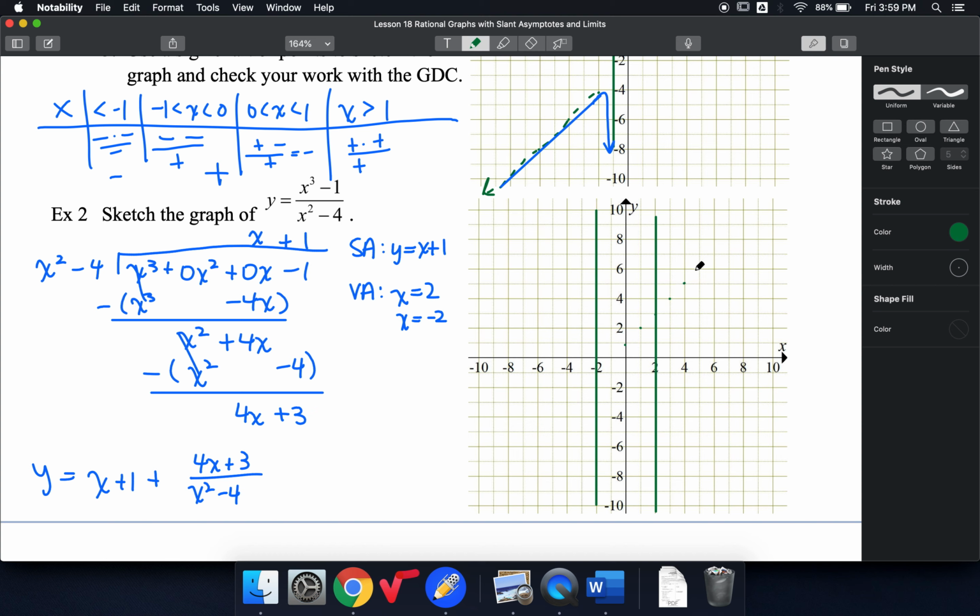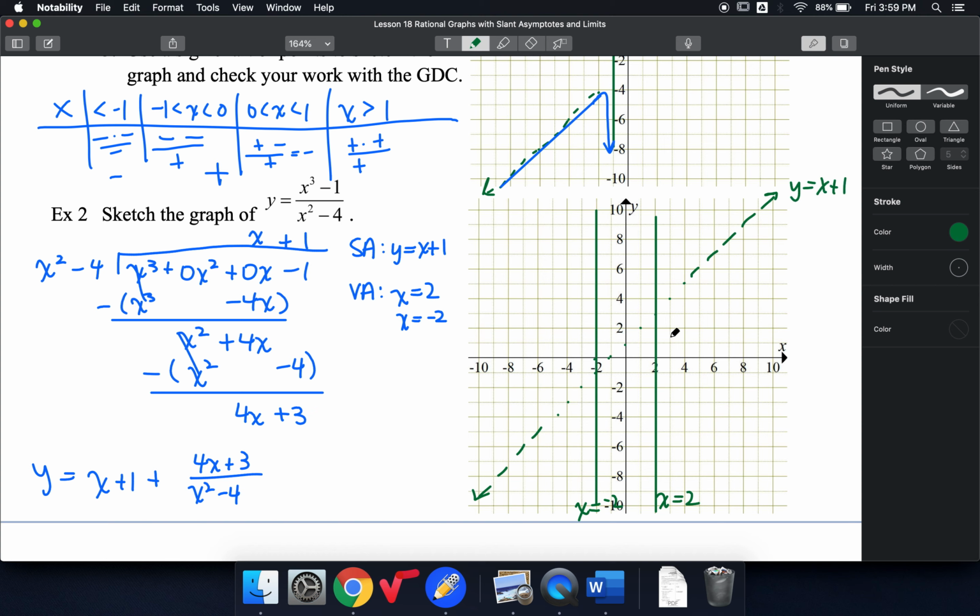I know that really my slant asymptote is just the end behavior, so I'm really thinking about my ends. Out this way. So we've got something like this. And I would label all those equations: negative 2, 2, y equals x plus 1.